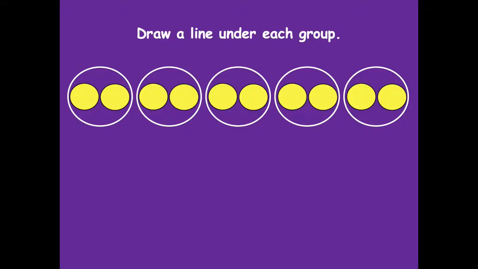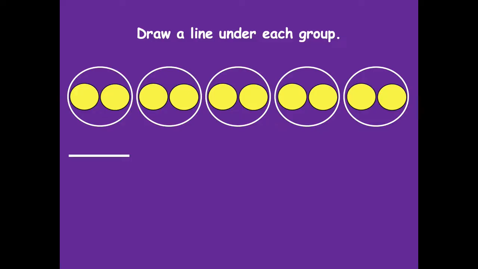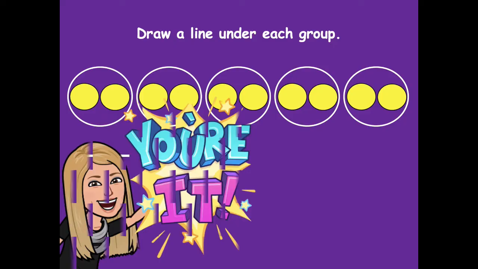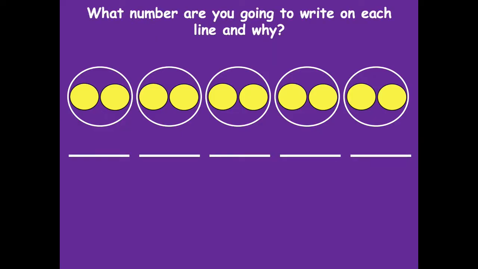So draw a line under each group. So just like I did here, draw a line under each group and then click play when you're ready for the next step. All right, friends, so here's your 5 lines that you should have. What number are you going to write on each line and why?